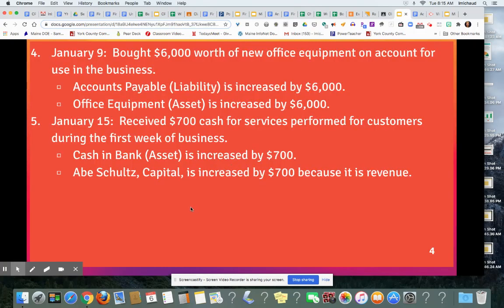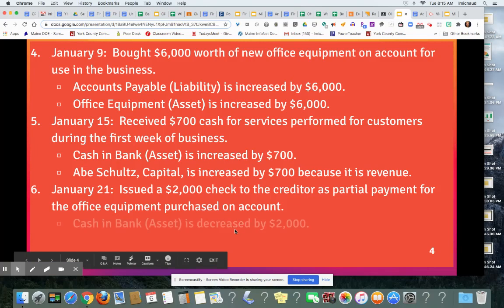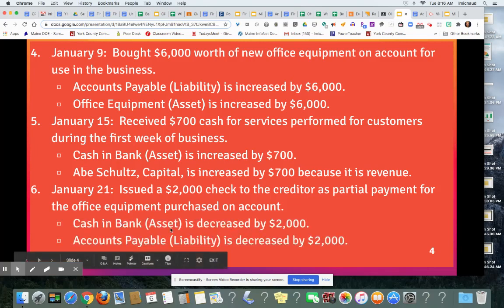Hopefully you're doing well so far. Number 6, issued a $2,000 check to a creditor as a partial payment for the office equipment we purchased on account. So if we purchase it on account, that'll be accounts payable, and then we have less cash in bank than we had before.